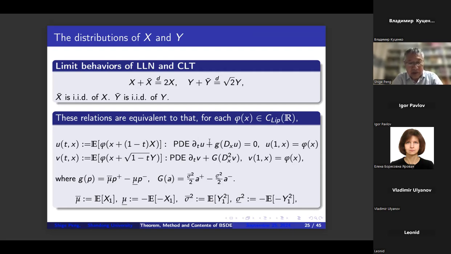But one problem is why we have no such phenomenon in the classical case, because this is the generalization of the classical case.